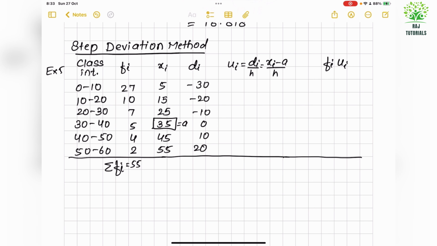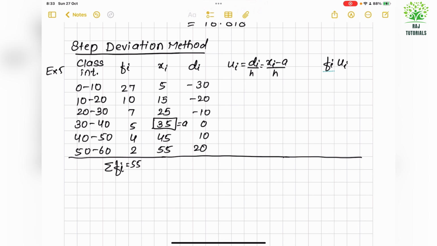Now the next method to find mean is step deviation method. Here also till di we will need the same. Now see, once I got di, after that the formula written is ui equal to di upon h, or xi minus a upon h. H is the difference between the interval, class interval.